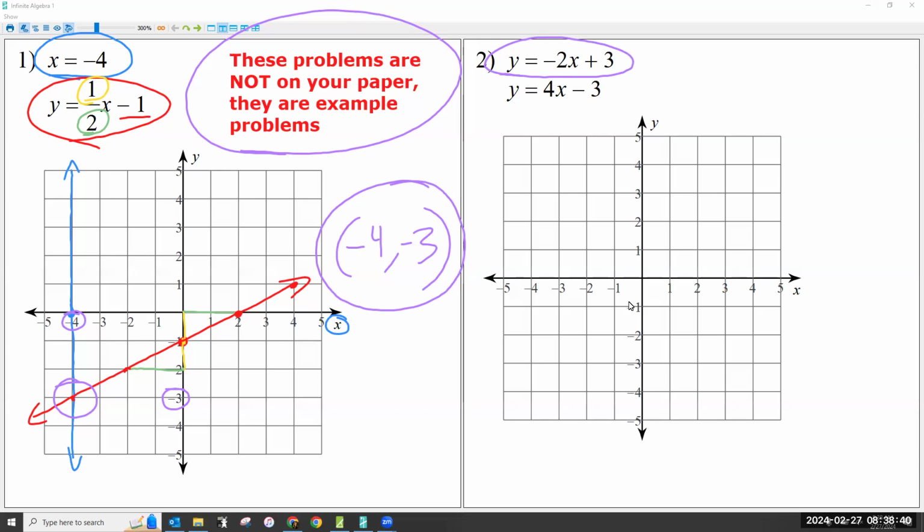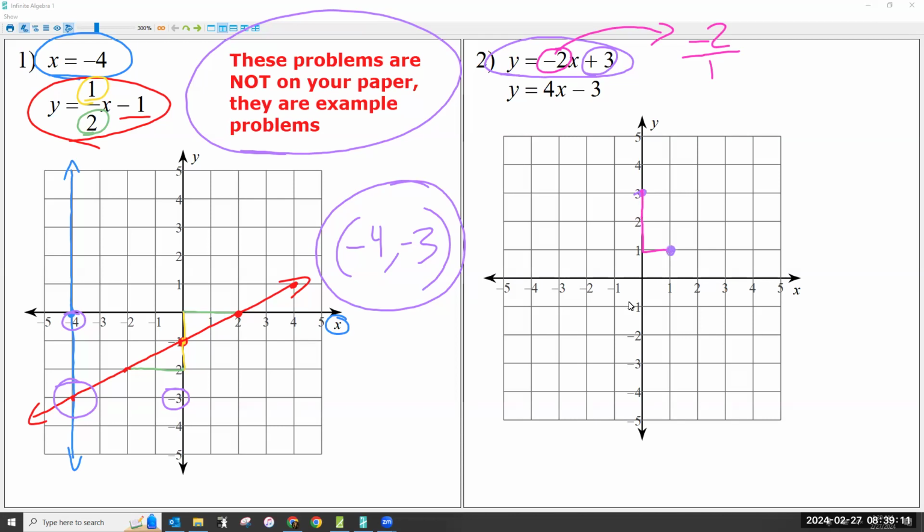All right, number 2, we're going to start at +3 on the y-axis. There it is. Now my slope says -2, and generally we want my slope to be a fraction. So if my slope is -2, I can write it as -2 over 1. So I'm going to go down 2 over 1, put a point.